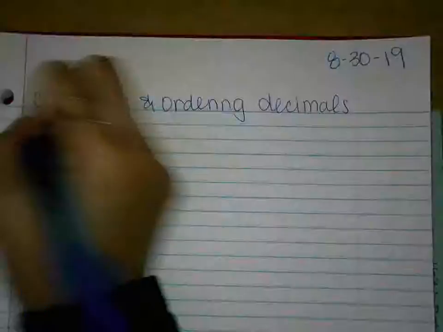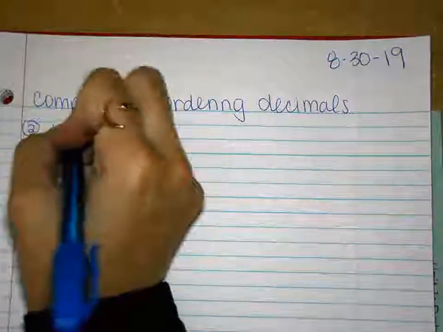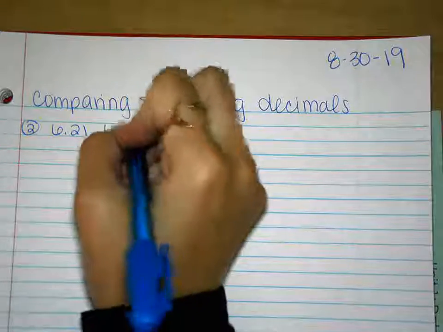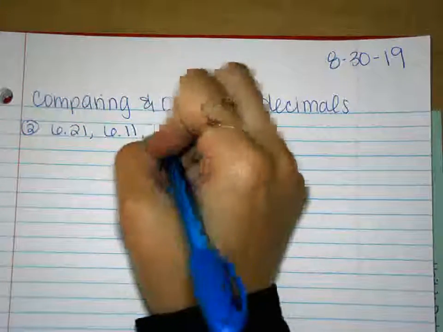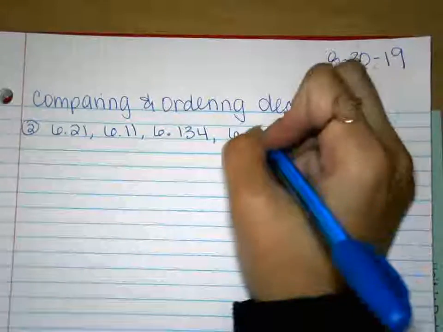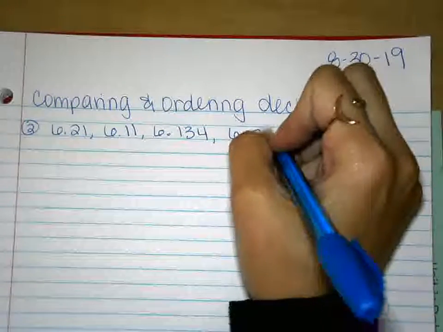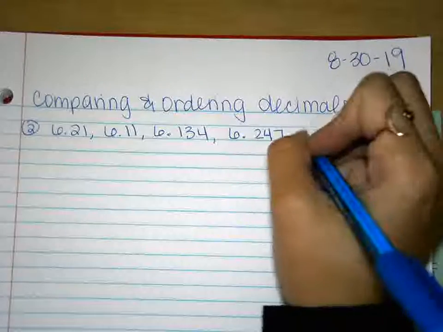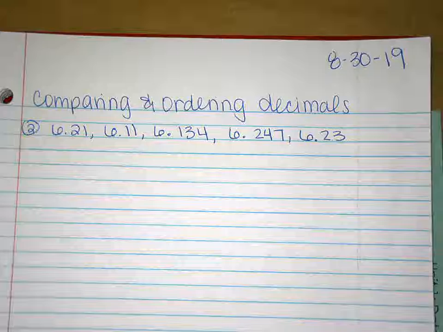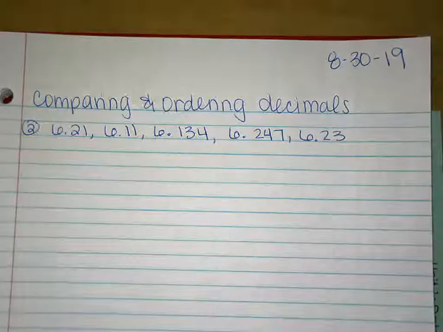And here's our example. We're going to do 6.21, 6.11, 6.134, 6.247, 6.23. And we're going to stop there with those ones.